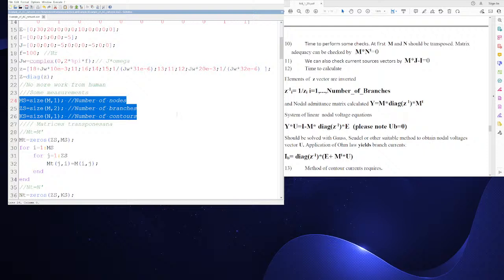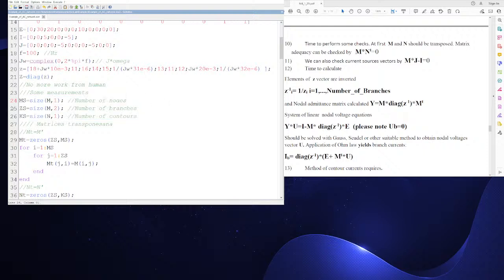I'm measuring the number of nodes, using a method from Latvian, mērīt skaits: number of nodes, number of branches, and number of contours. The Latvian designation here, zaru skaits, means number of branches, and contour skaits, number of contours.